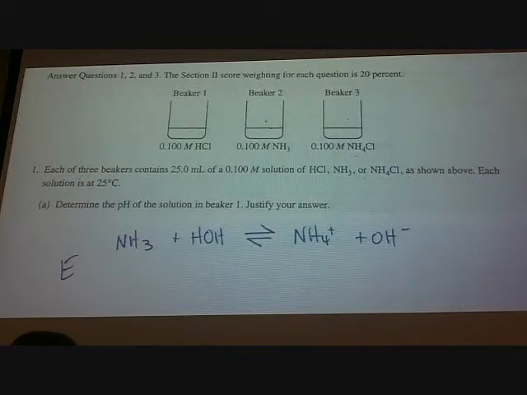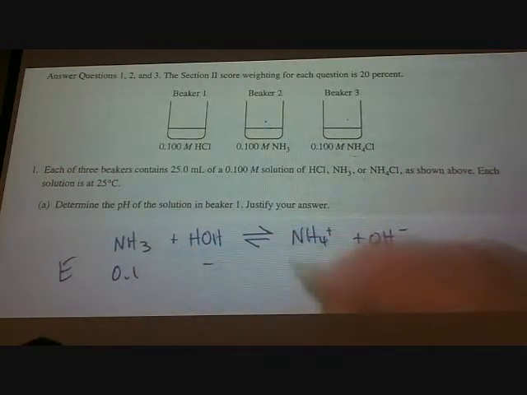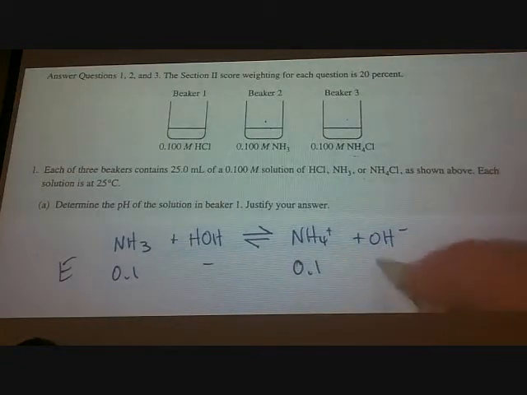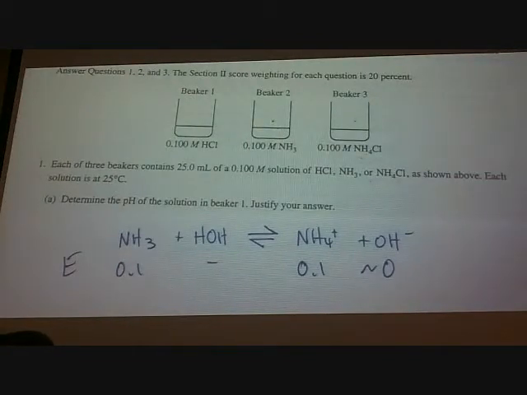Okay, because again, nothing's going to change. So we have our 0.1, and then we have our 0.1. And then we don't know how much hydroxide we have, but it's not 0, so it's really small. That's actually what we're kind of looking for.